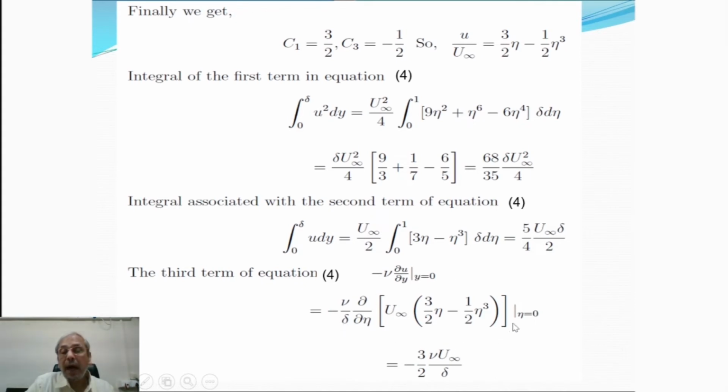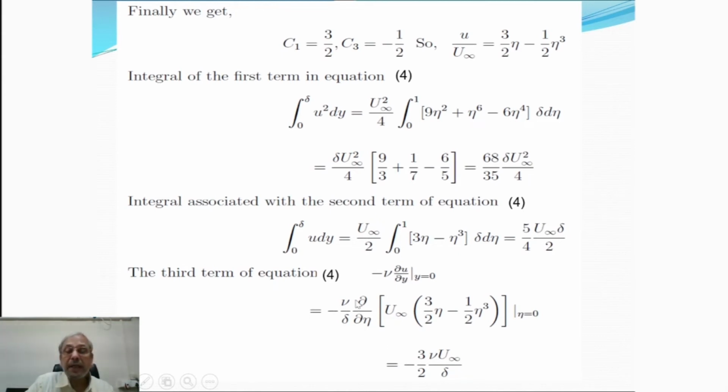After finding the derivative, we substitute eta equal to 0, and it becomes minus 3 by 2 nu U infinity by delta.